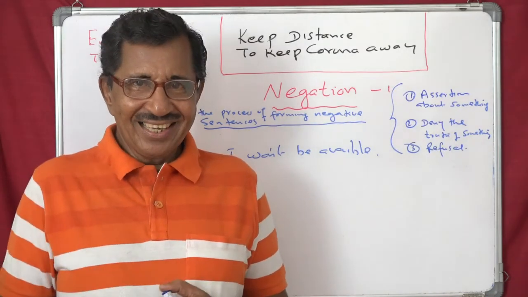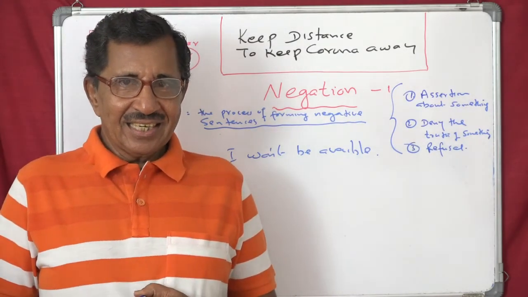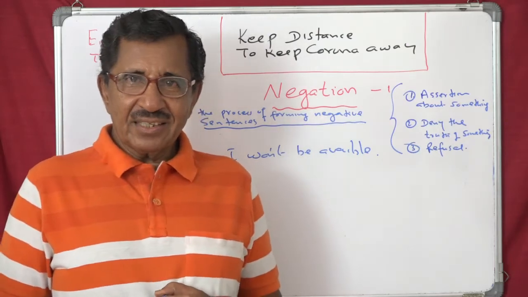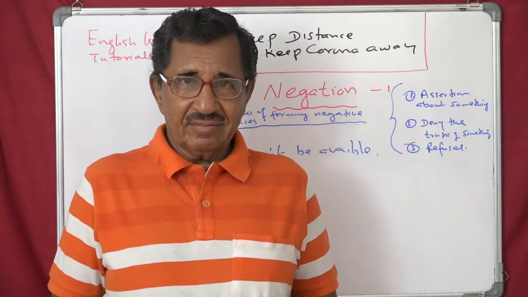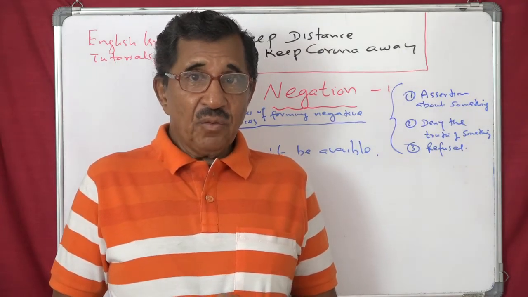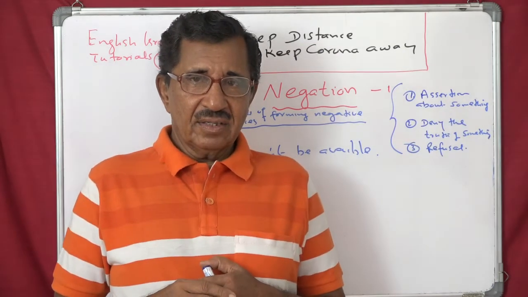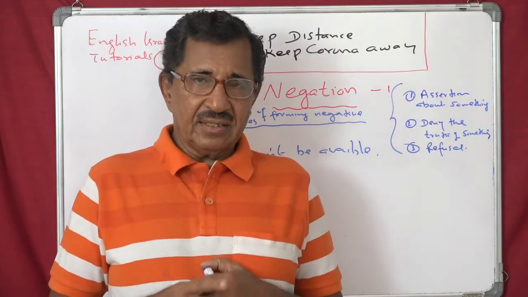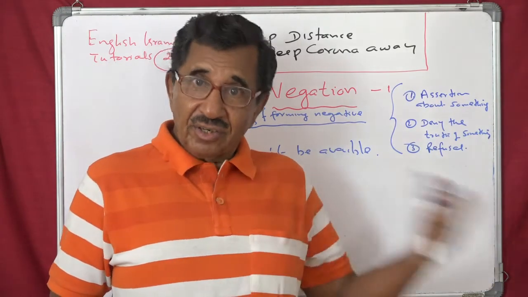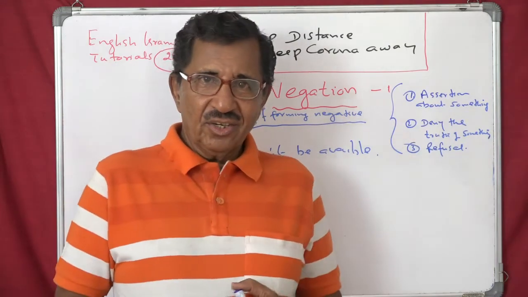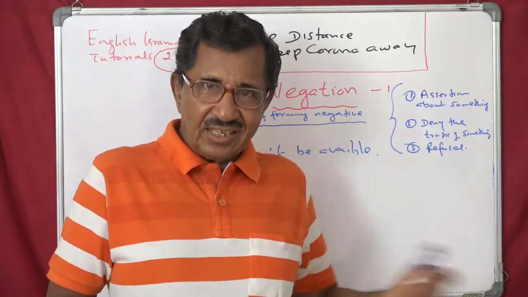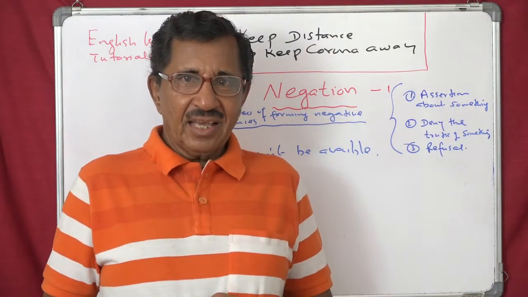We can say, I won't be coming. Or I won't be late. He is not there. That is also asserting. Using a negative, you are stating something.